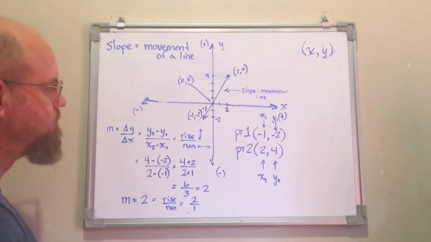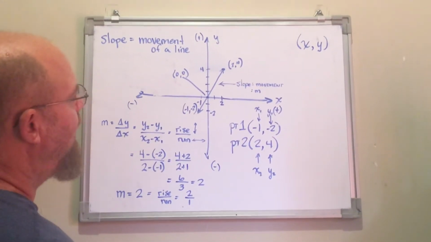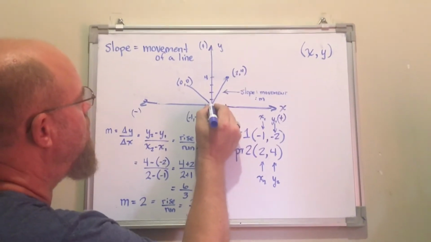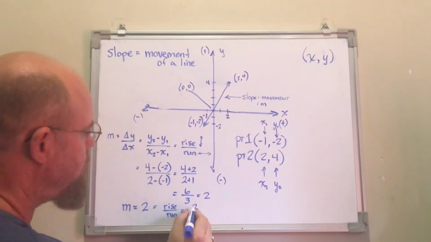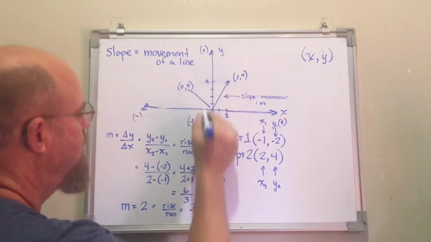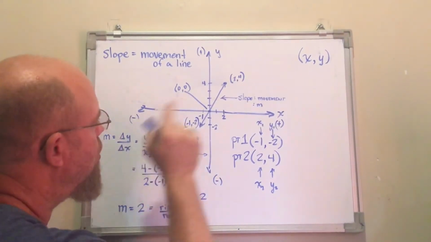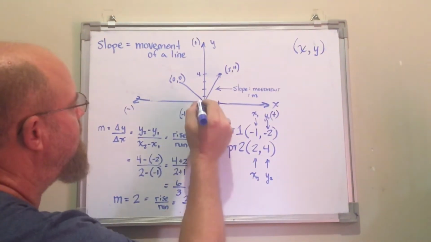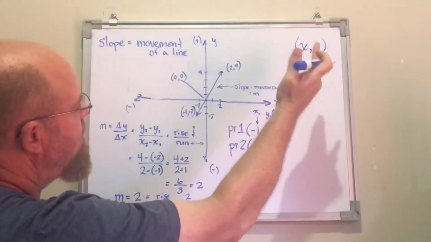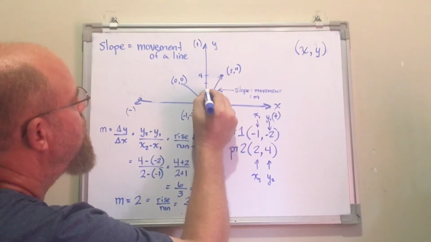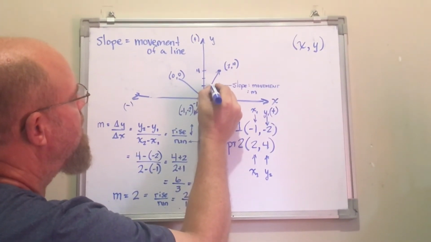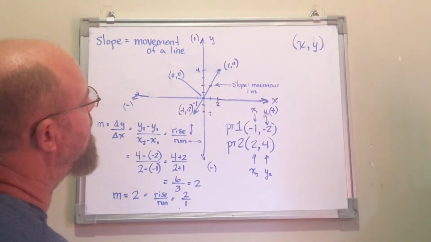It's the origin. Okay? I can also, from the origin, go up 2, rise 2, and run 1, go over 1. These are both positive. So positive, I go up and to the right. 1, 2, over 1.